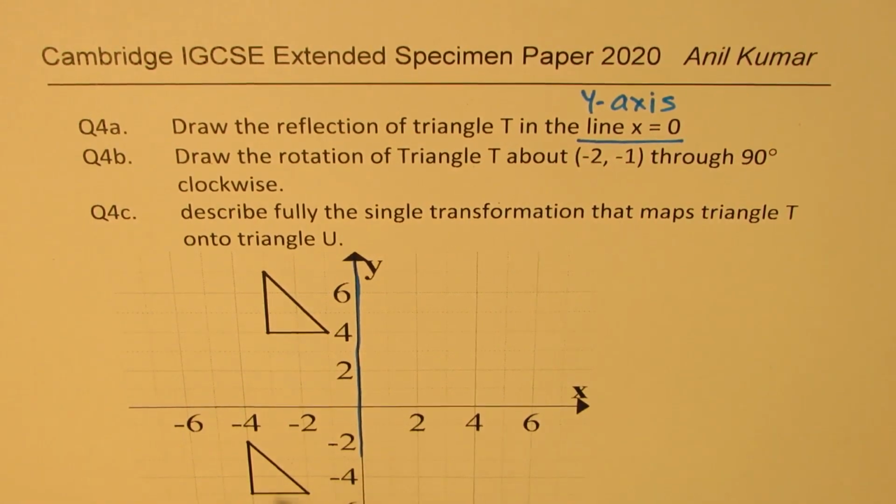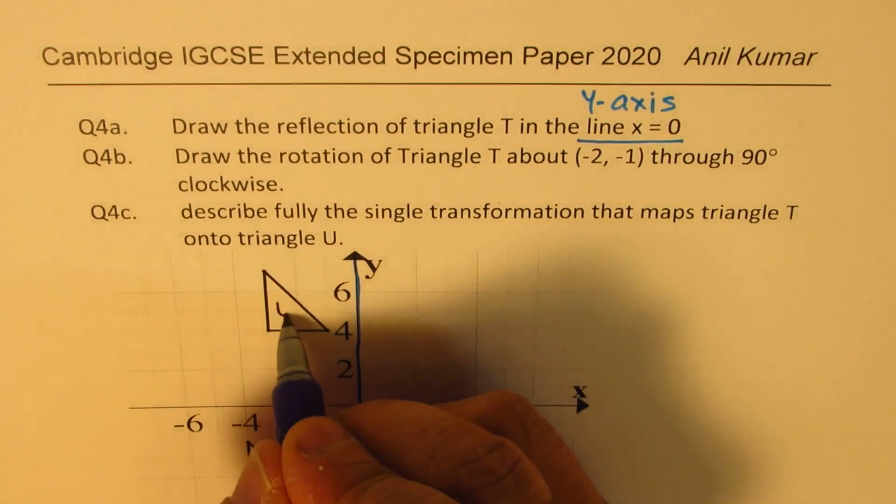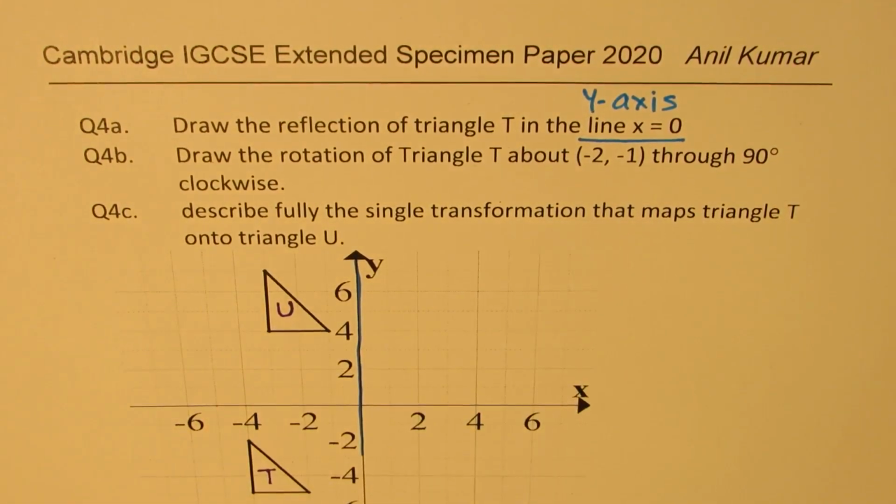Now it becomes very simple. So this is the triangle for us, triangle T, which we are looking into. The other triangle is triangle U. I forgot to type in their names. Okay. Now, the coordinate points will be reflected so they look same distance away. So minus 2 will come to the value 2.